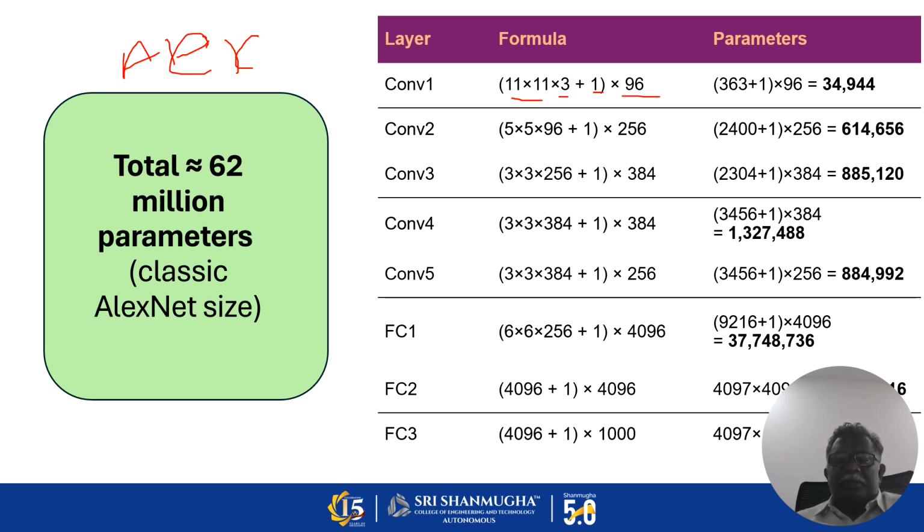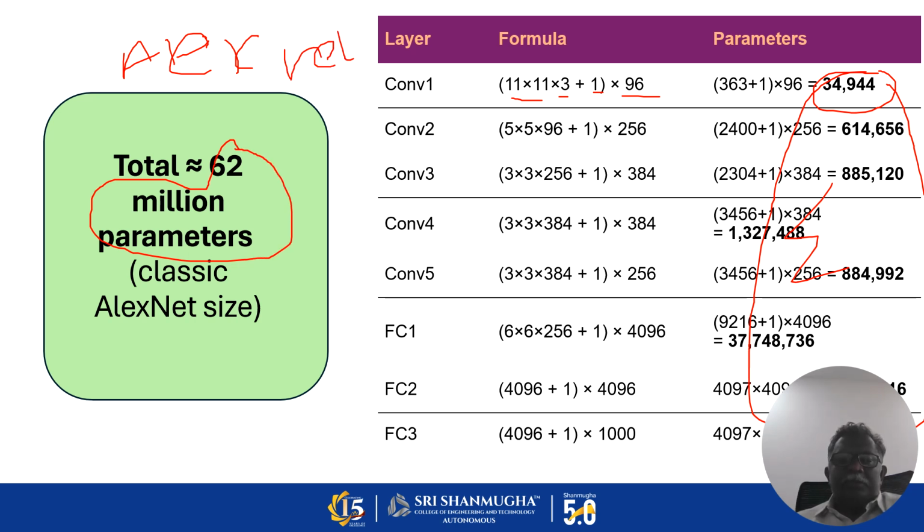So this many parameters are required for the convolution layers, and similarly we can go for the other layers. Finally, if you sum all the parameters, you get 62 million parameters in AlexNet. This is an important architecture in CNN that we discussed so far.